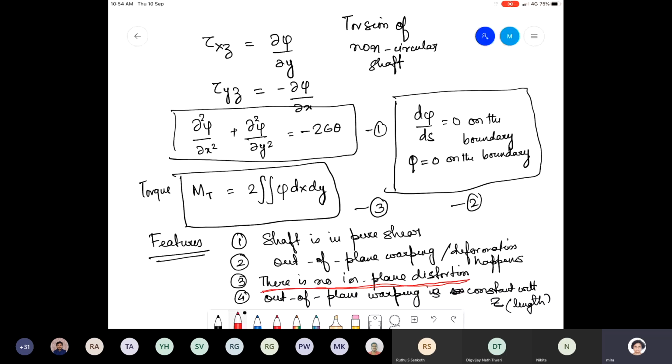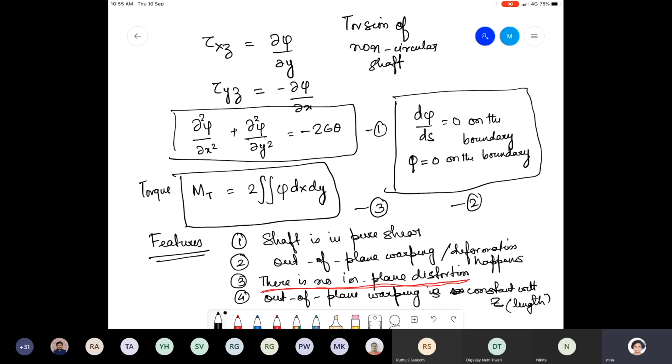The clue is to look into the stress and strain components, and tell me in the next class why you think there is no in-plane distortion or deformation.